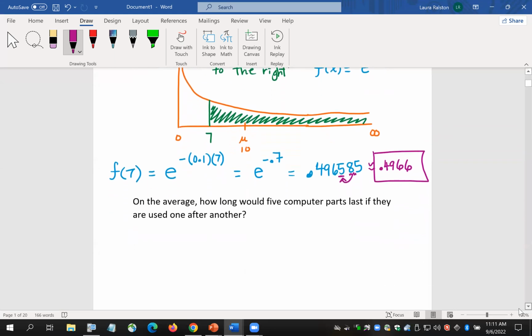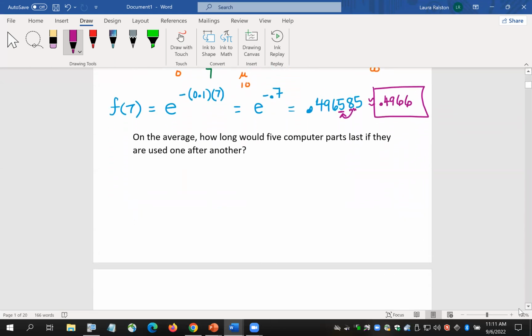I believe we also looked at this second question, but again, I want to review it. It says, on the average, how long would five computer parts last if they are used one after the other?